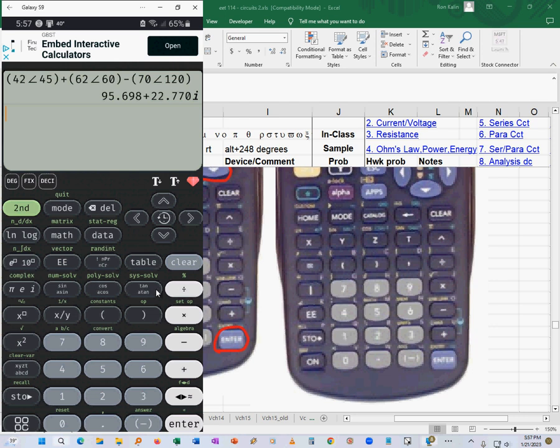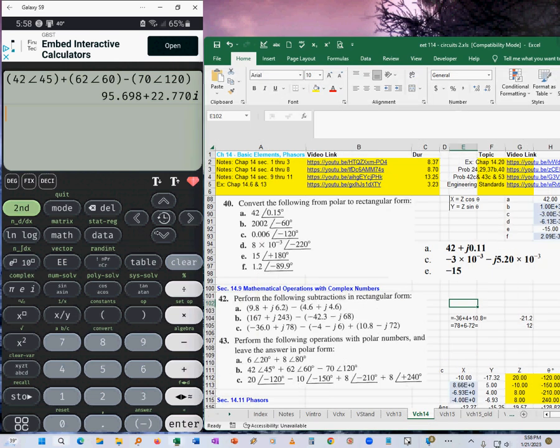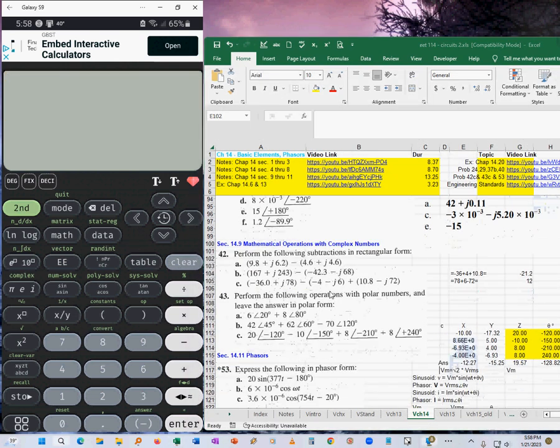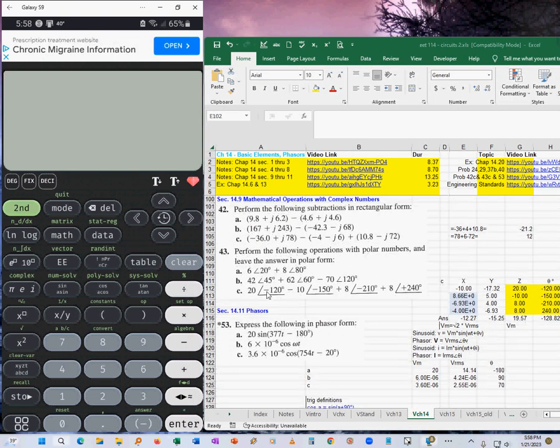Okay, so we're going to do a couple more examples. Let's do multiplying these three together, or maybe make the last one a division. I don't have a problem set up like that, but you'll see what I mean in a second.